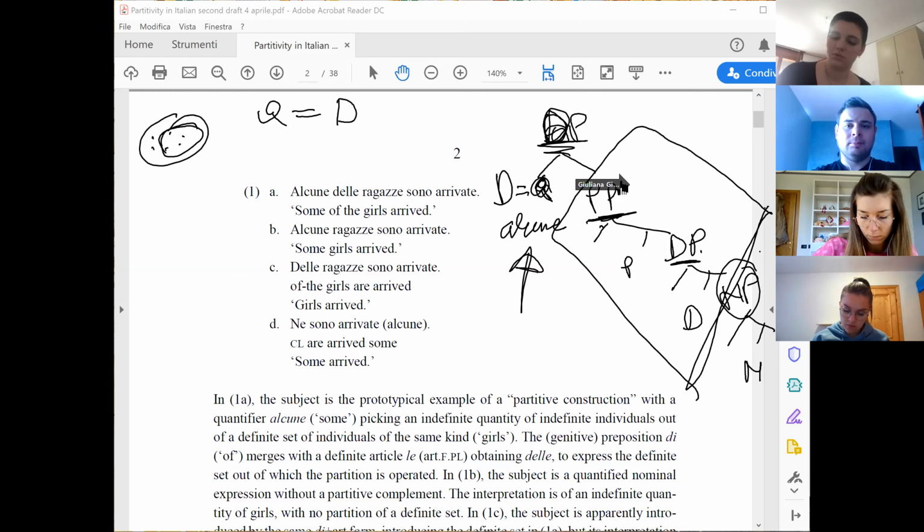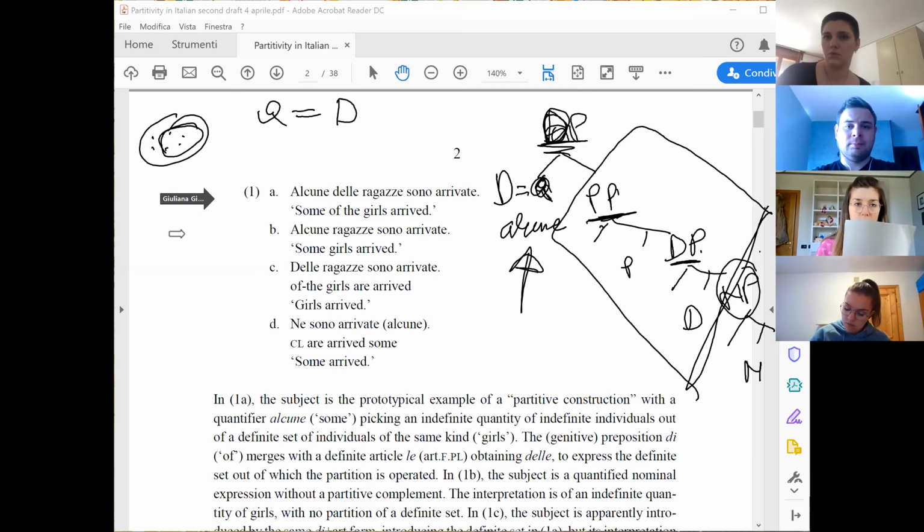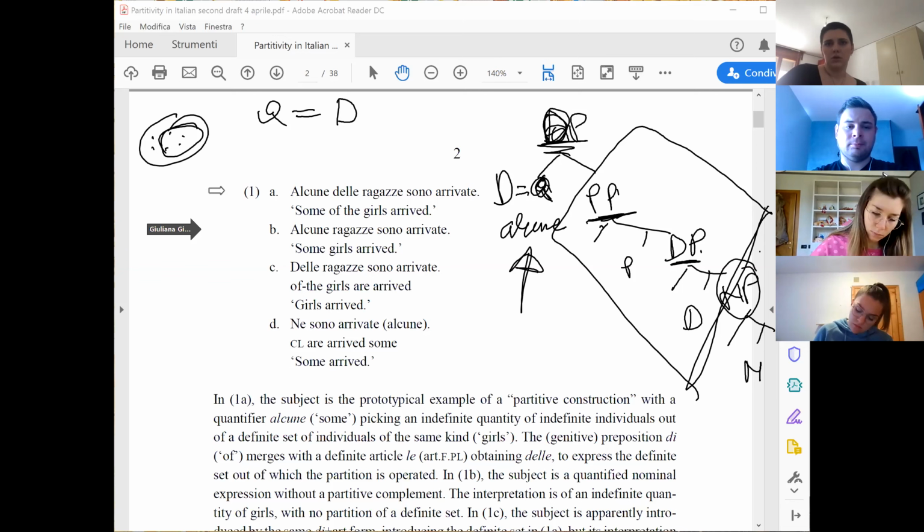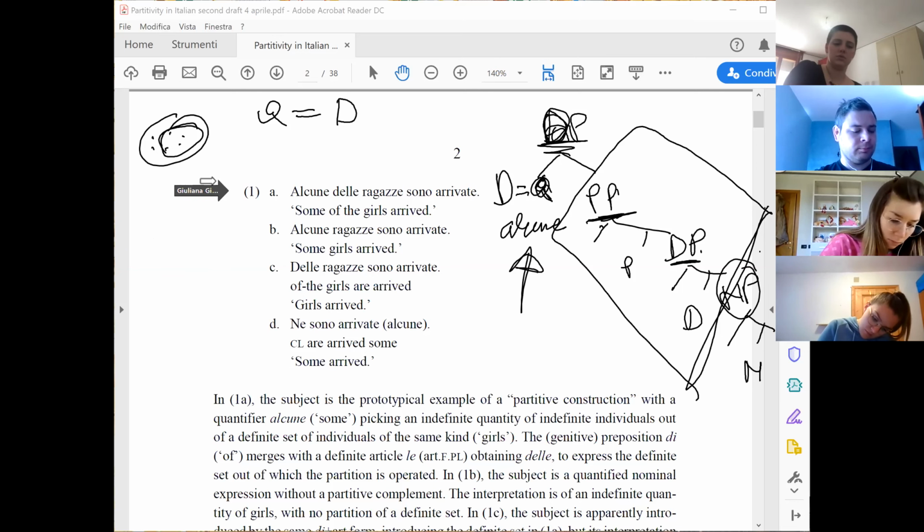okay? You will see that a distinction between 1A and 1B is the fact that in 1A the preposition embeds a definite DP. And you know that definiteness is next to deixis, right?